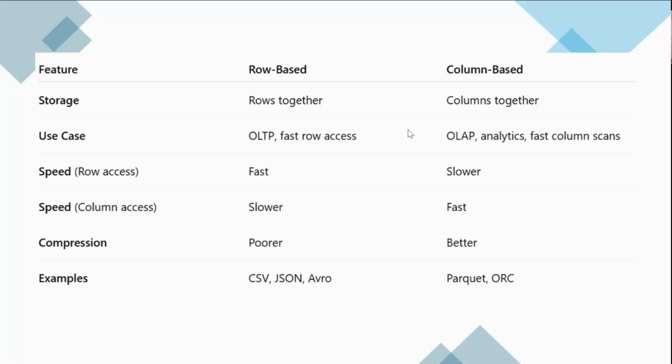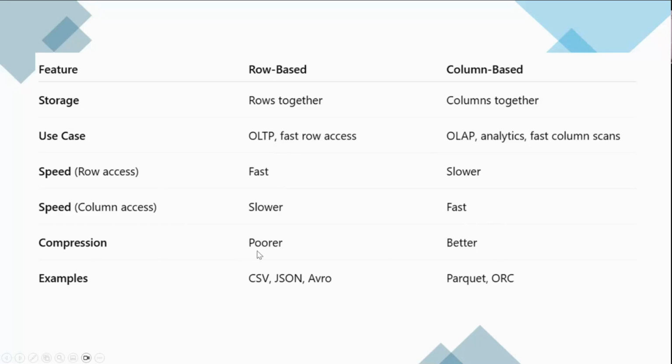For fast column scans or analytical platforms, you use column-based aspects. So for speed of row access, row-based file format is quicker and column-based is slower. For columnar access, row-based is slower and column-based is faster.